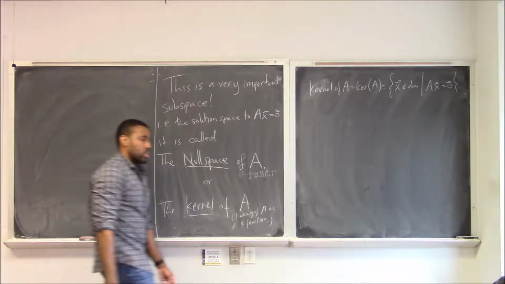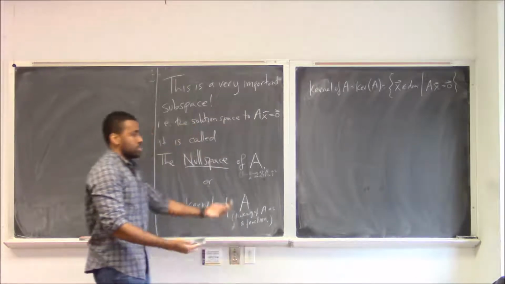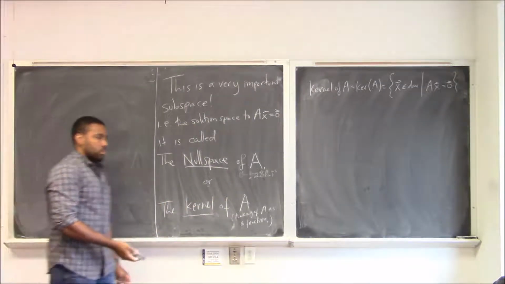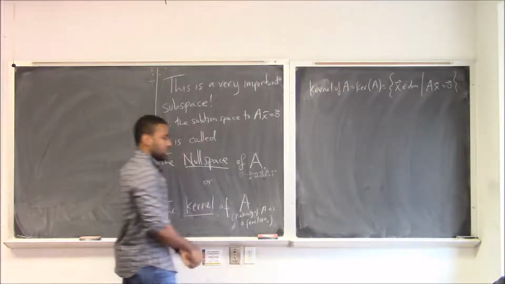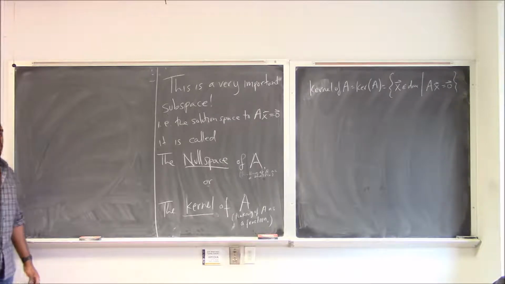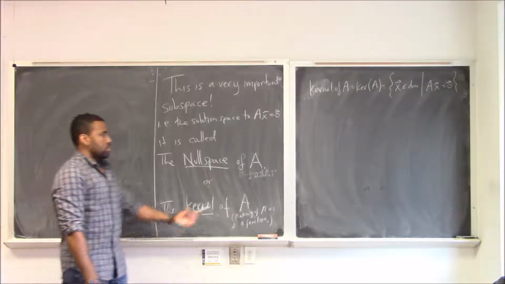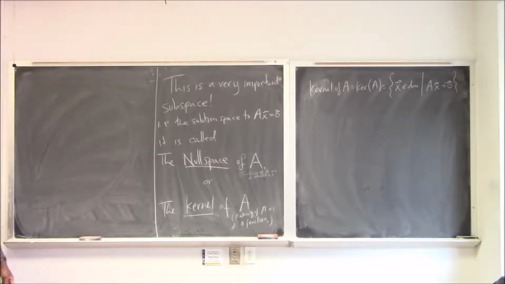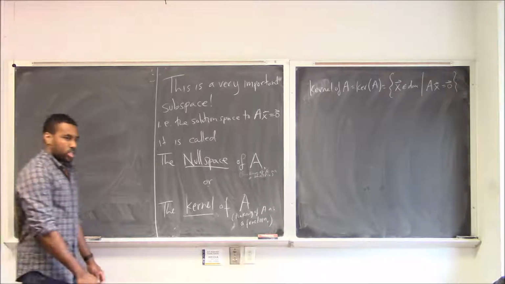Something I mentioned before, back in differential equations, solving homogeneous linear systems: you can think of any solution to that system as a member of the kernel of some equation like this. So the solutions to linear differential equations are just the kernels of some matrix.